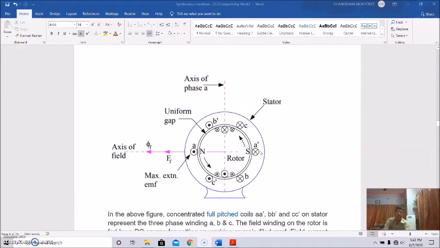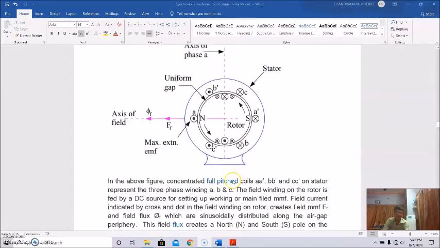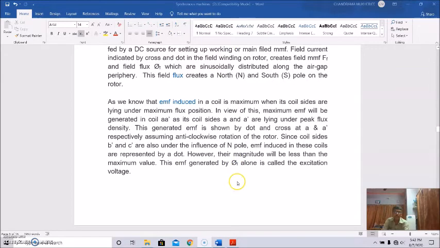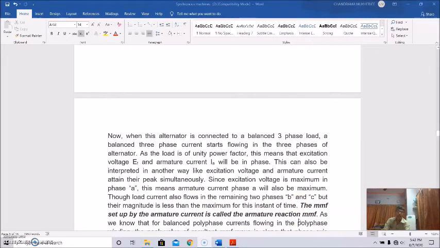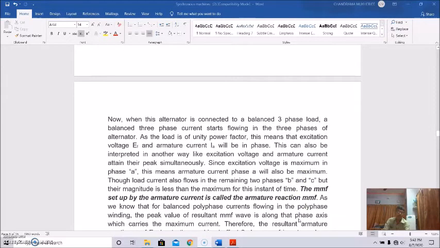That is, excitation voltage and armature current attain their peak simultaneously. Since the excitation voltage is maximum in phase A, the armature current in phase A will also be maximum. Though load current also flows in phases B and C, their magnitude is less than the maximum at that instant.